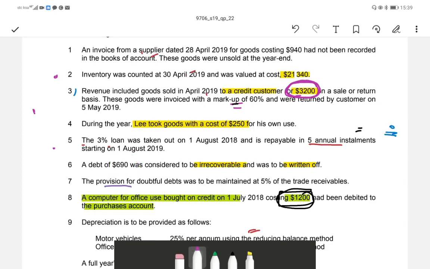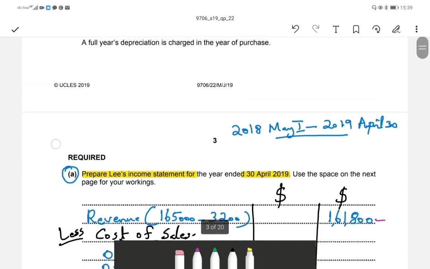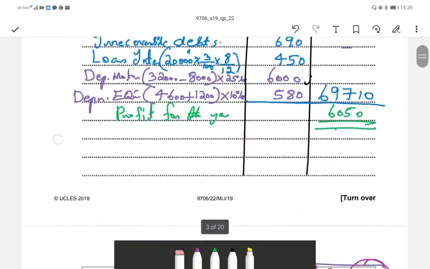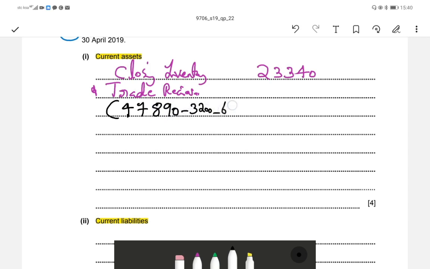So 47,890 trade receivables minus 3,200 minus 690. So what is the amount? That is 44,000.